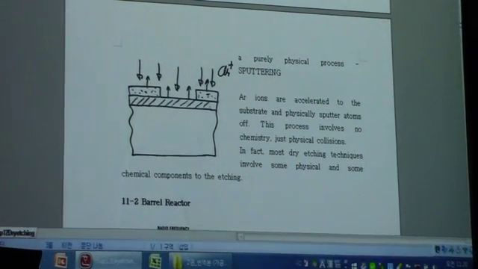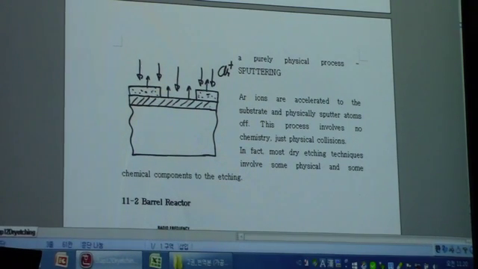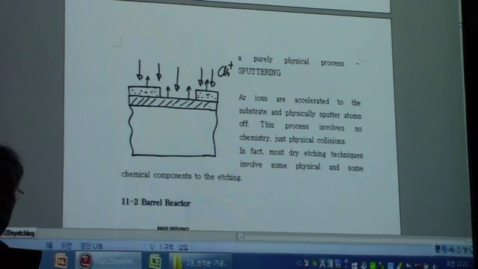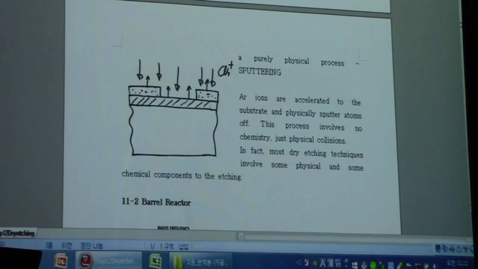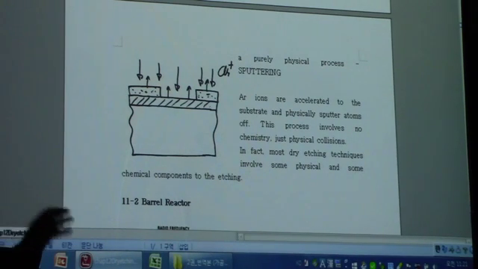We call that the sputtering. In that sputtering process, no chemistry is involved, so that is the physical collision only. Now, if we accelerate the argon ions at high energies, we call that implantation.